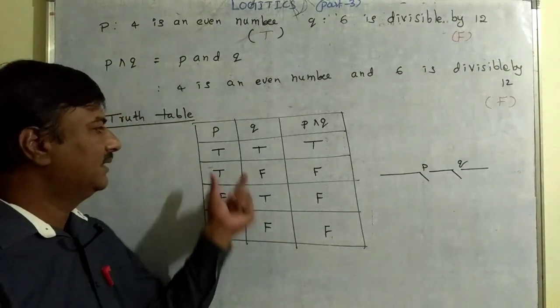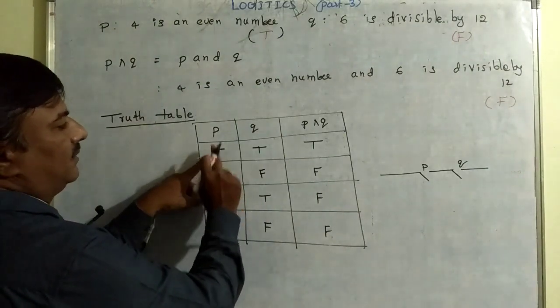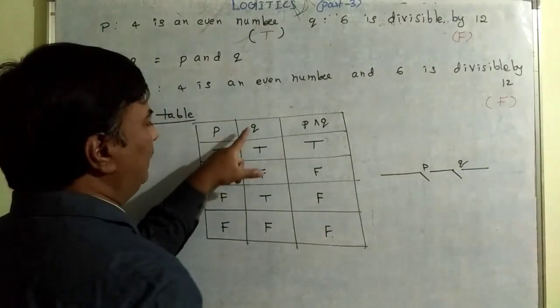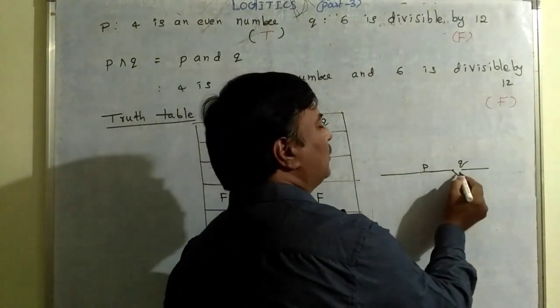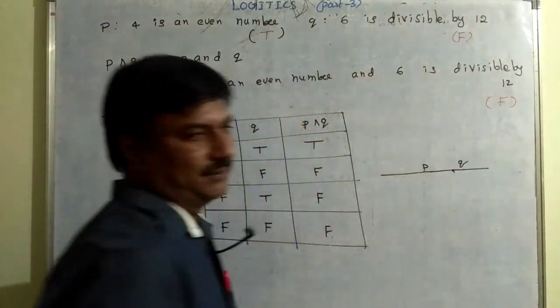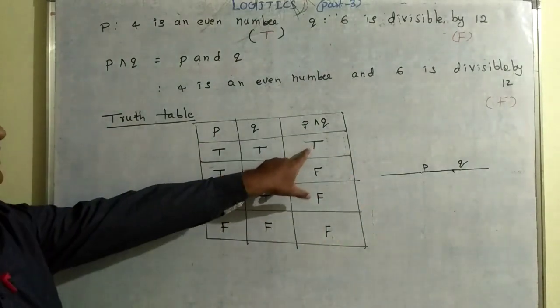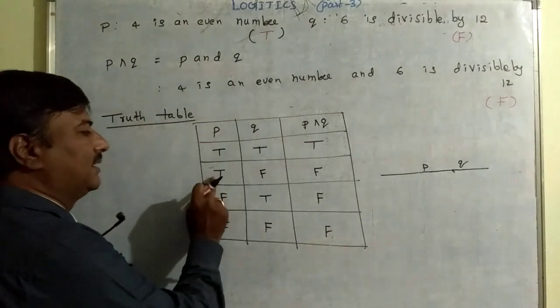Let us see again, the same we are discussing. P is a correct statement, closed, and Q is a correct statement, closed. If both are closed, the current passes from the starting to the ending. Current transfers means the resulting statement is true. Now let us consider the second example.